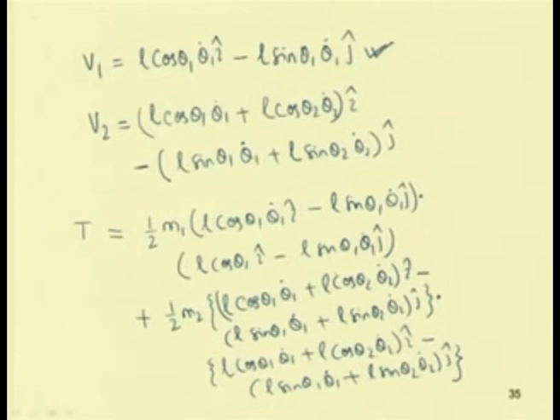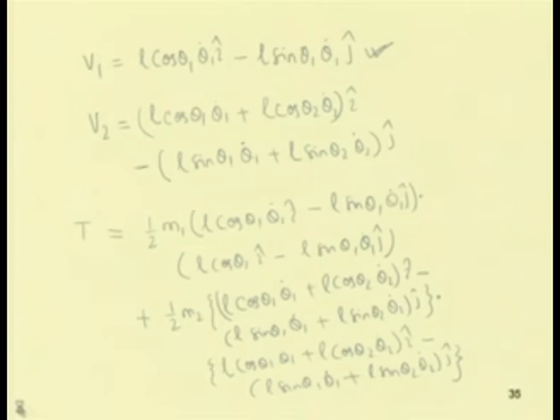Simplifying this, as we are doing this dot product, i dot i will be equal to 1 and i dot j equal to 0. So this will give L squared cos squared theta 1 dot squared plus L squared sin squared theta 1 dot squared.